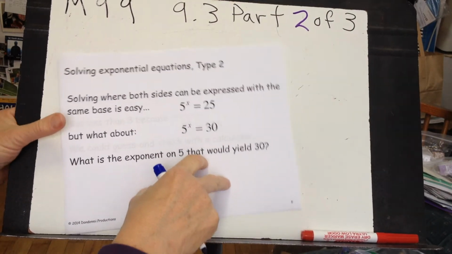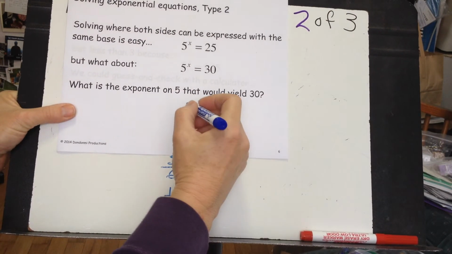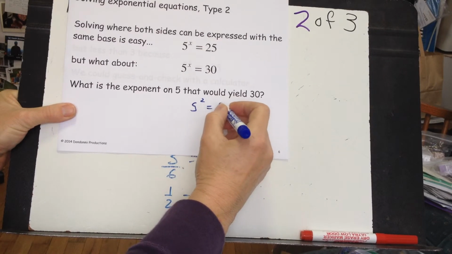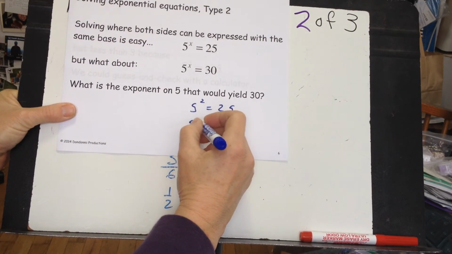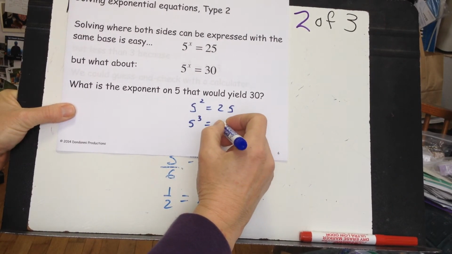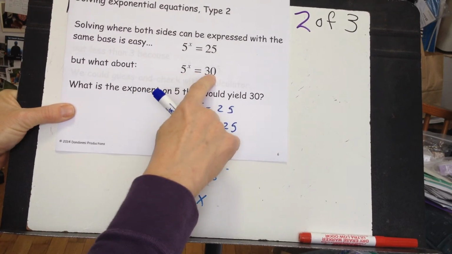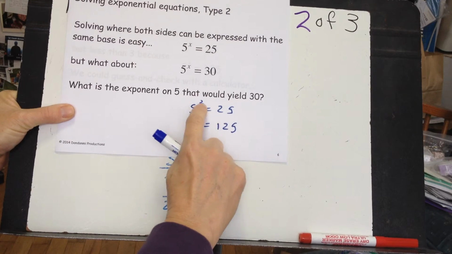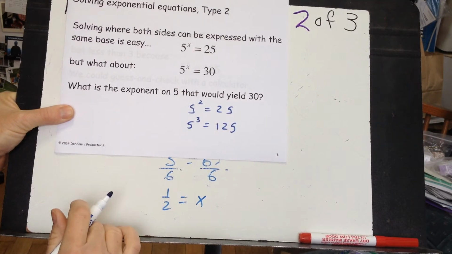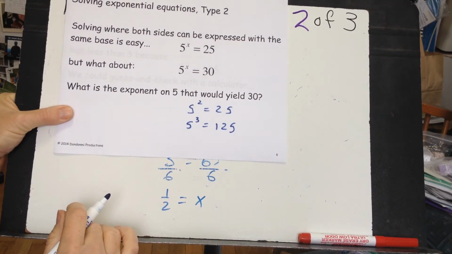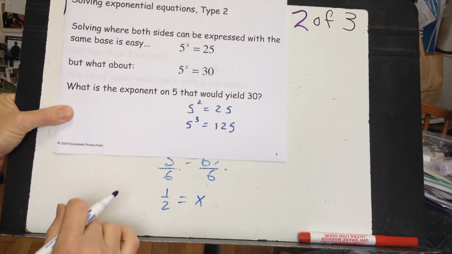I'll just give you a quick clue about the answer. 5 squared is 25. 5 to the third is 125. So the power of 5 that would yield 30 has to be a little bit more than 2. You can guess and check this and get close, but we need something that works a little bit better than just guessing and checking.